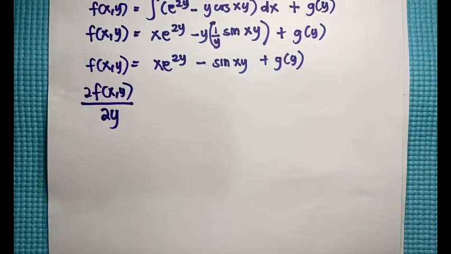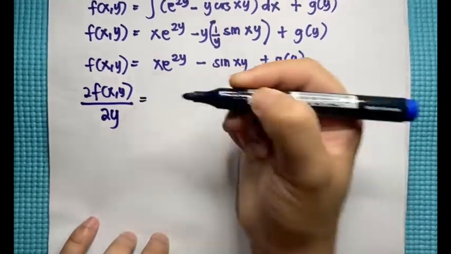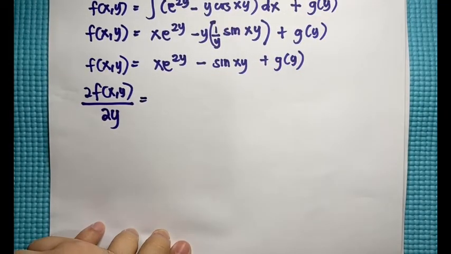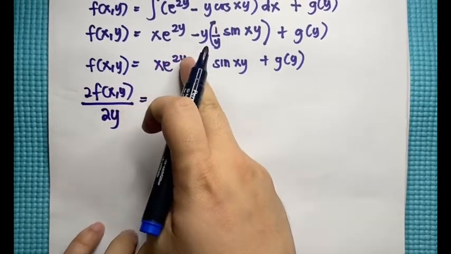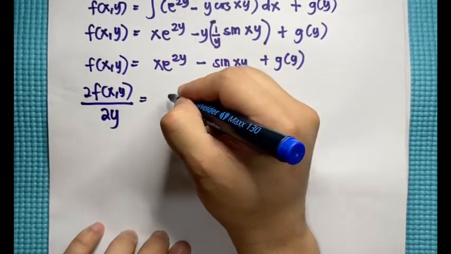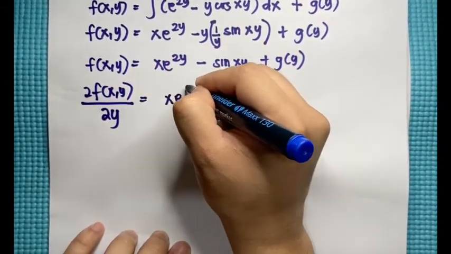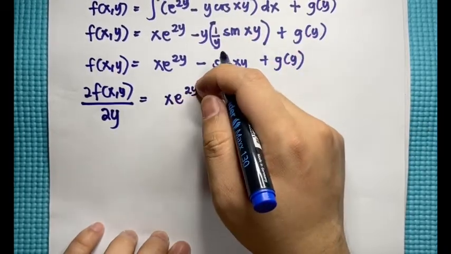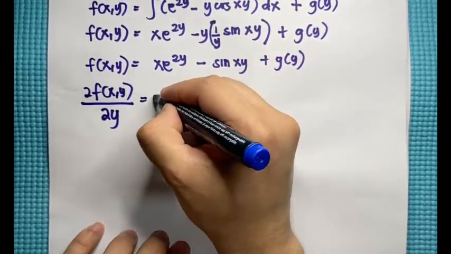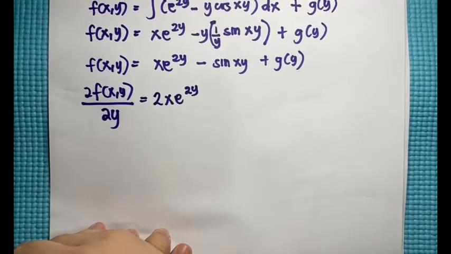So x is constant and y would be variable. We'll have x e raised to 2y, and the derivative of 2y would be 2, so I'm just going to affix 2 there, for the partial derivative.